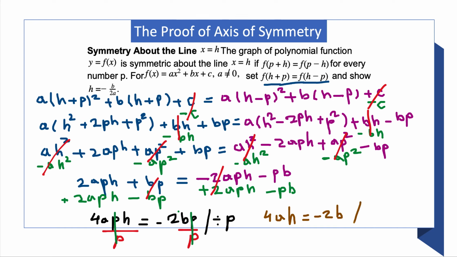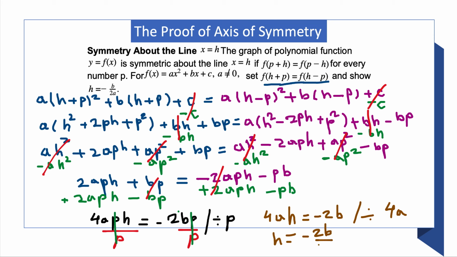So now I divide everything by 4a, and h is going to be equal to minus 2b over 4a.